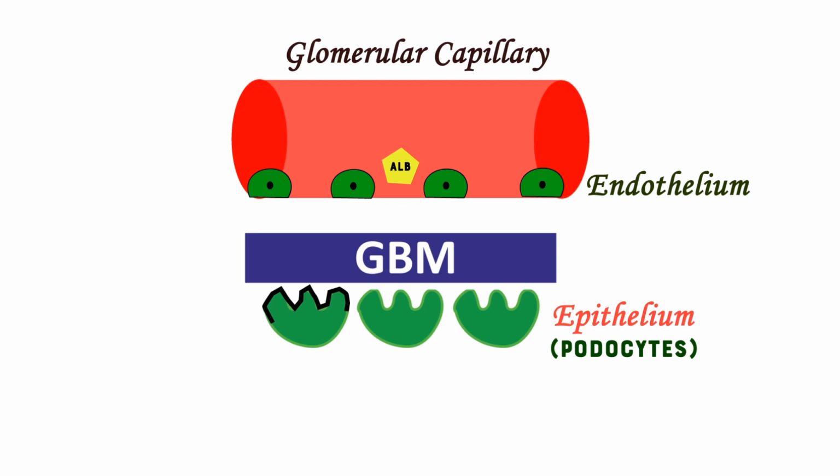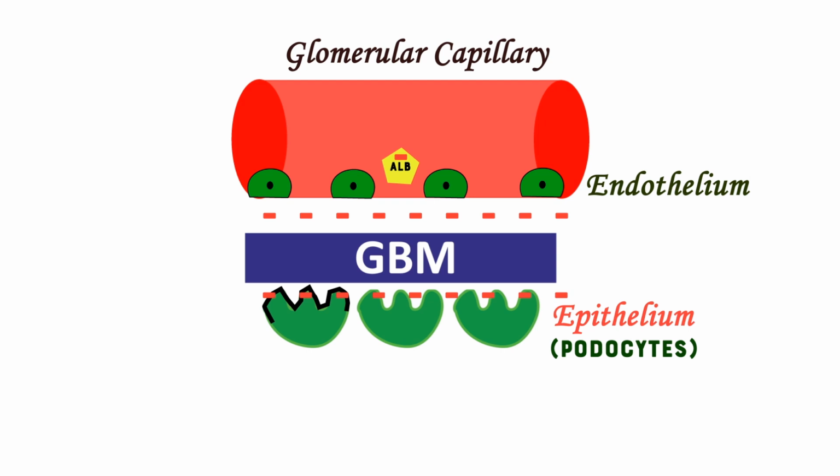Now the reason why albumin is not filtered: think about what charge albumin is. Albumin is a protein, and these proteins are usually negatively charged. There are also negatively charged substances on the glomerular basement membrane and also the epithelium. So all the structures are filled with negatively charged molecules.